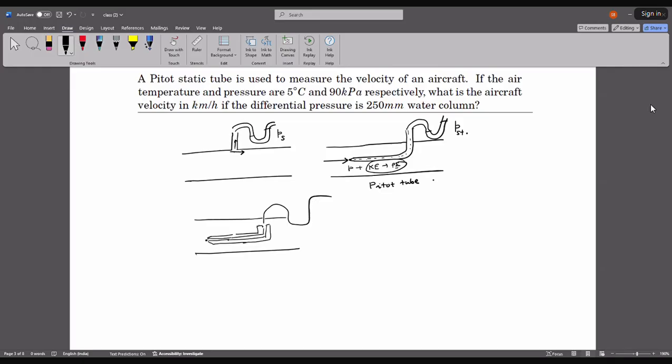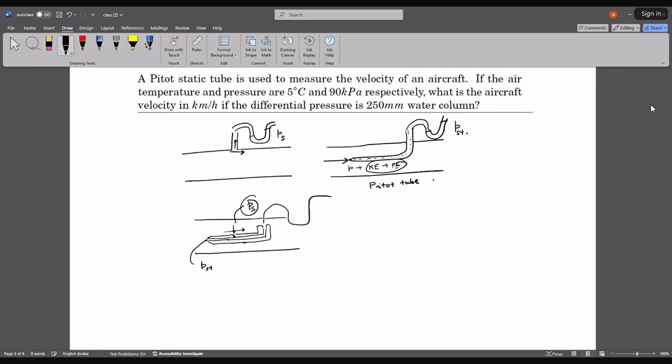Here you measure stagnation pressure, but there is an opening here which would measure static pressure. Because here the flow is in this direction, the opening is in this direction, so the fluid molecules do not come to rest. Whatever pressure you measure here gives you the static pressure.